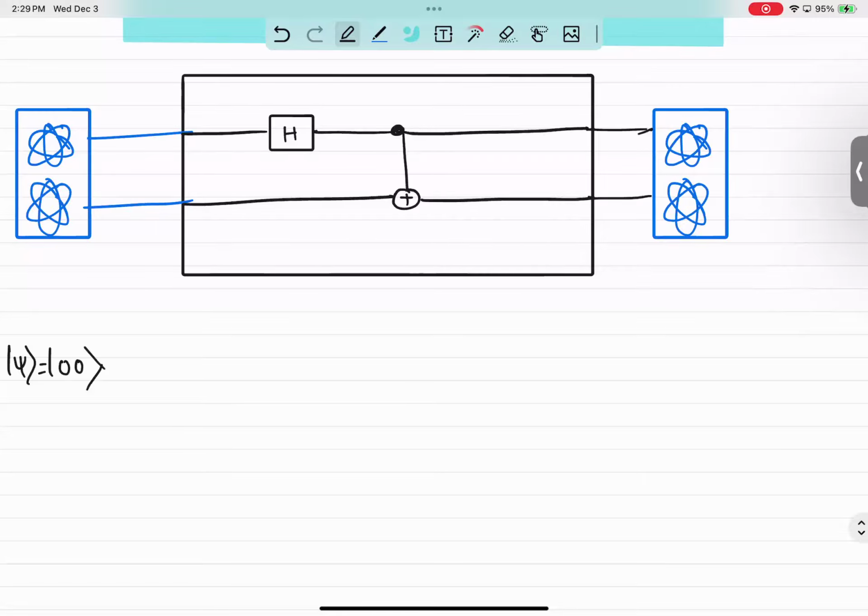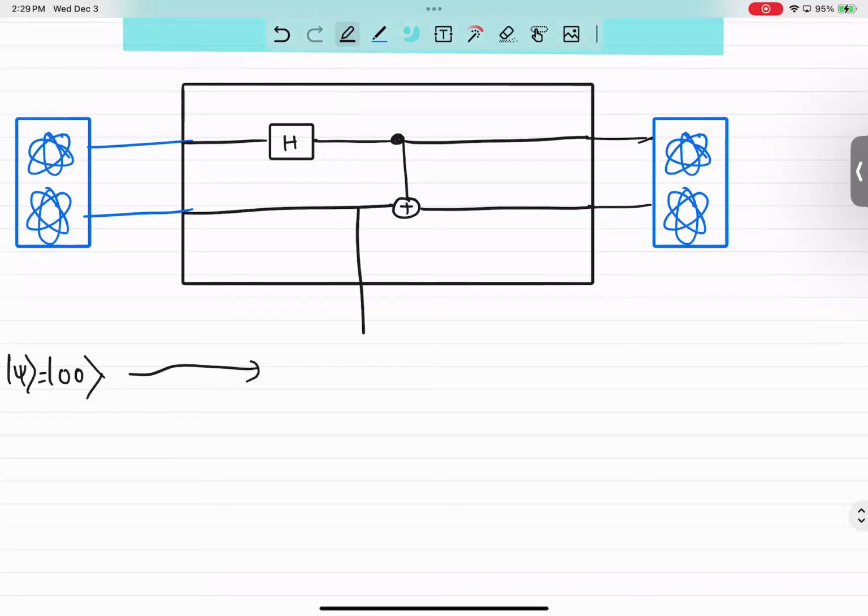Okay, and to compute the output, I can go through stages, right? Okay, so imagine I send in these 2 photons through. After applying the first Hadamard gate, I'm in some particular state, right? So what is my state?